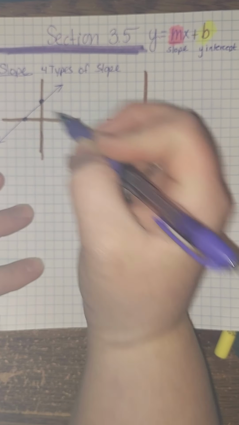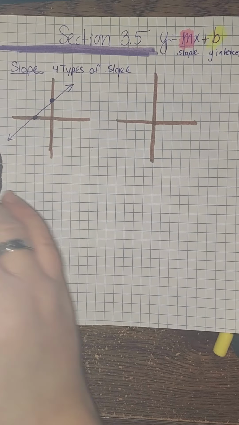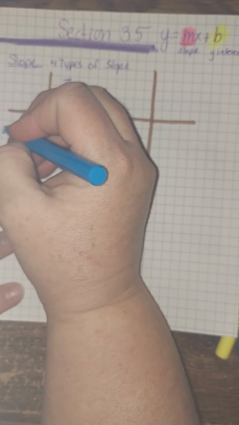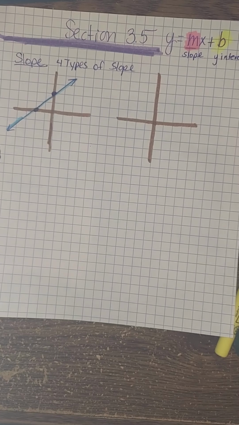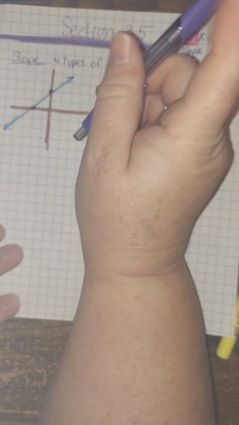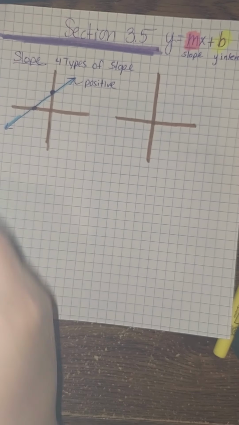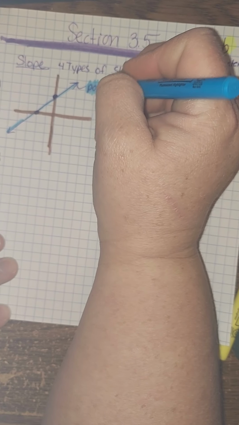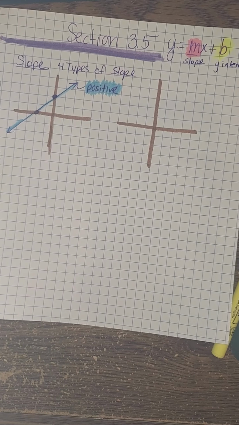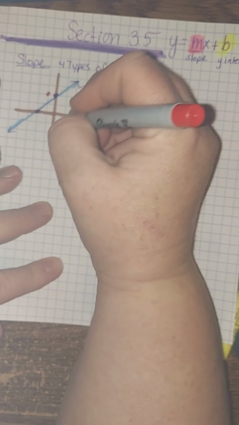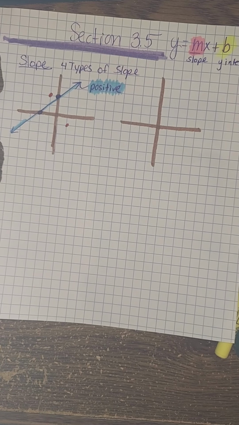All right, and I want you to know that we're always looking from left to right. So if we're looking from left to right and my line rises from left to right, that's going to be a positive slope, okay? So if it goes down from left to right, I better get my protractor out so I can draw a straight line here.